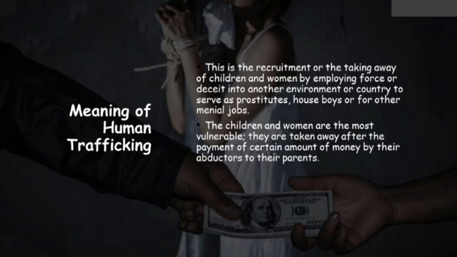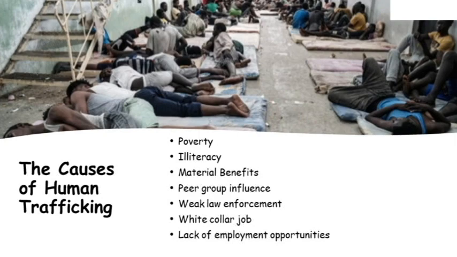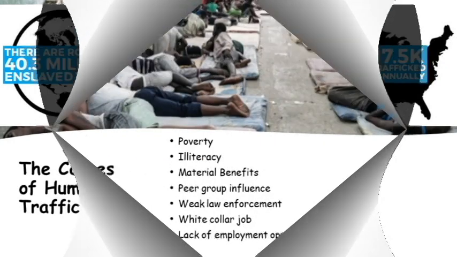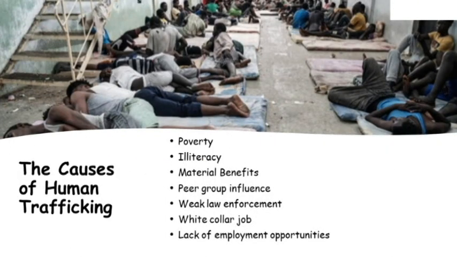Now let's go to the causes of human trafficking. There are a lot of causes of human trafficking, and today we'll be talking about some of them. The number one cause of human trafficking is poverty.